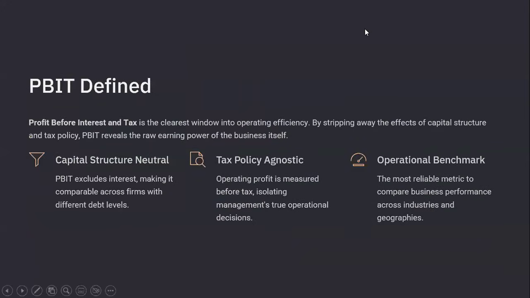What is PBIT? PBIT, as I say, is the profit before interest and tax. This is considered an organizational benchmark because the dividend, short-term investment, return on short-term investment, or debt loss are not included in gross profits.